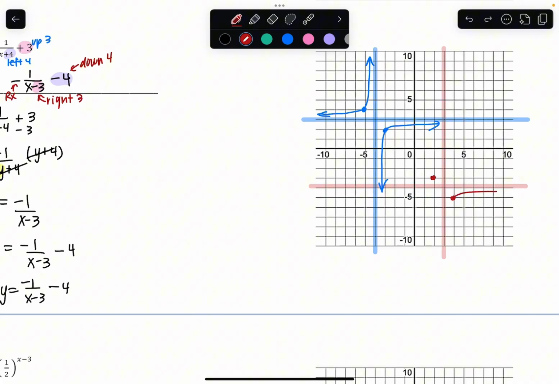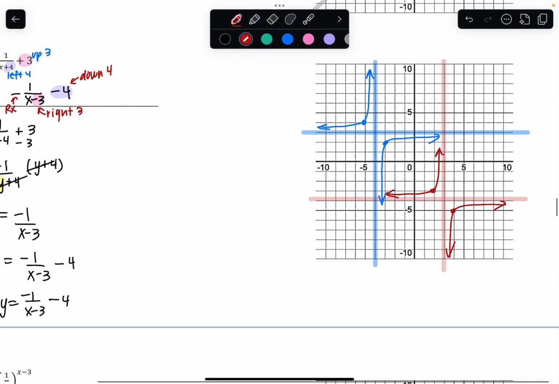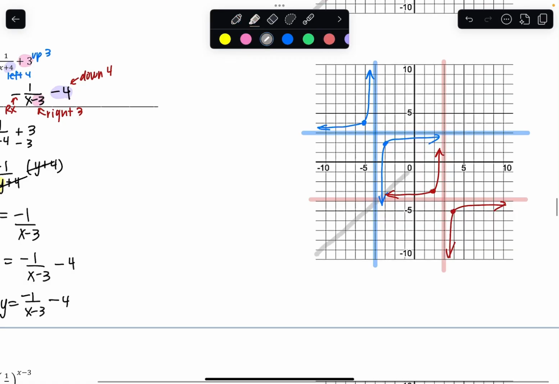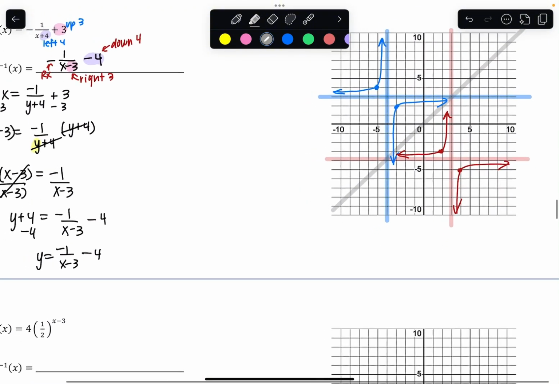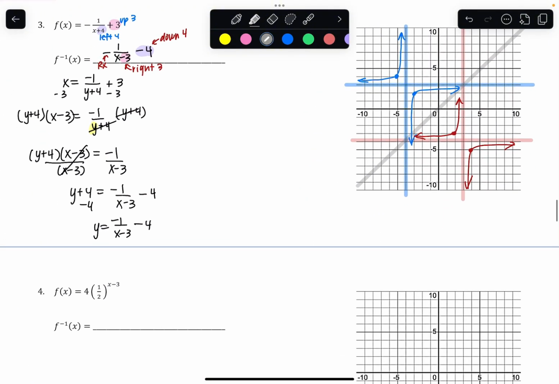And so up to the right, down, up, down. So this one's a little bit harder to tell that it's reflected across the y equals x line. But you could kind of look at the intersections of the asymptotes and see that it is.